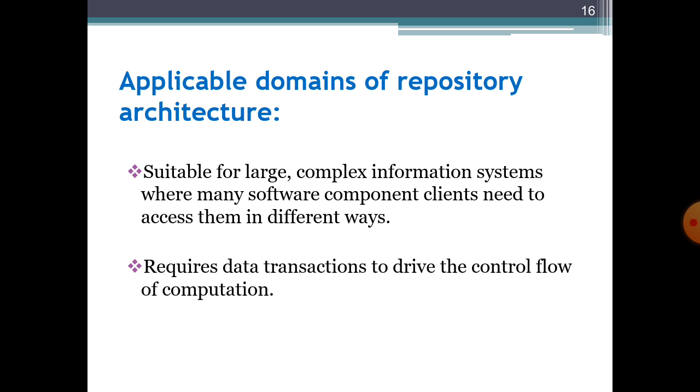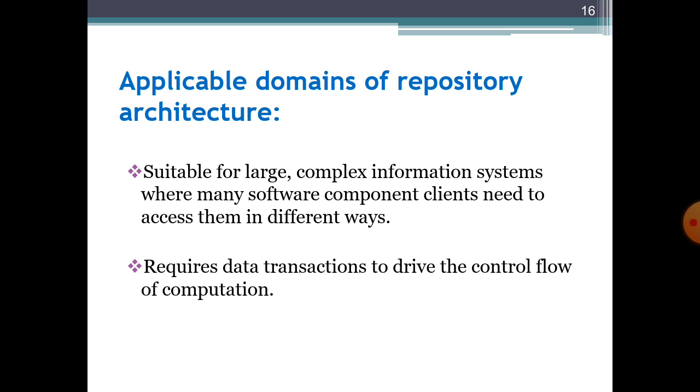So students, what are the different applicable domain areas of this repository architecture, where we can use this architecture? This type of repository architecture is normally suitable for large complex information systems where many software components like clients need to access them in different ways.